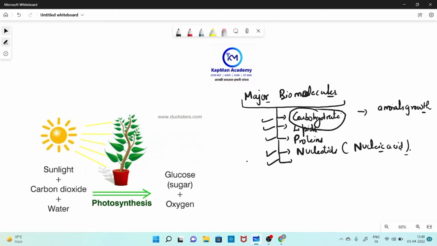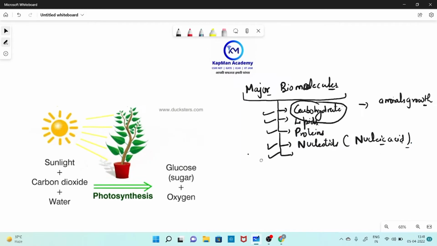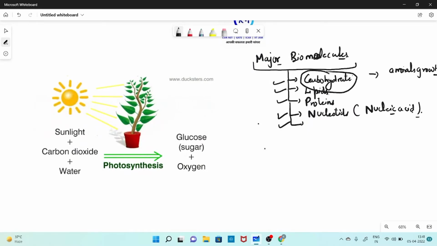The first question that arises is how these carbohydrates are actually synthesized. In plants, carbohydrates are synthesized by the process called photosynthesis.